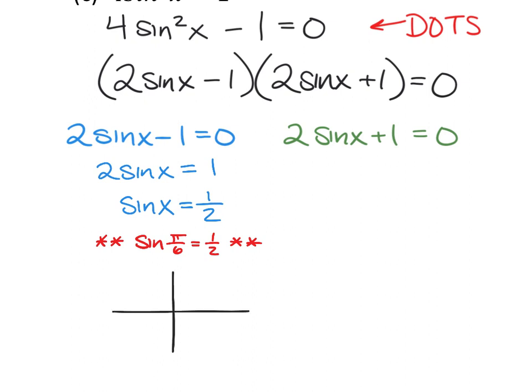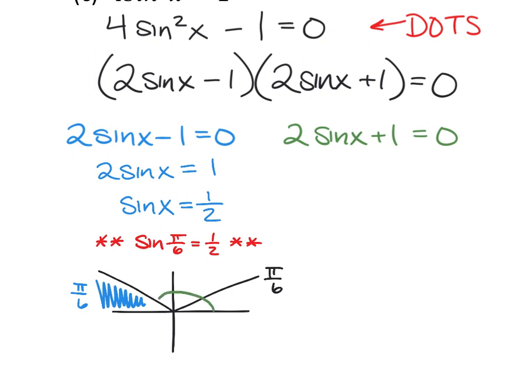Which means that we have two angles. We have this angle, which is pi over 6. Check done. And what other quadrant will we have an angle in? Yeah, sine is also positive in the second quadrant. So this reference angle would be pi over 6. But I don't want that reference angle.